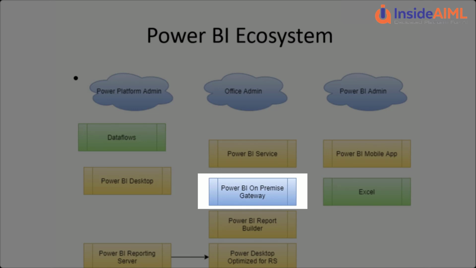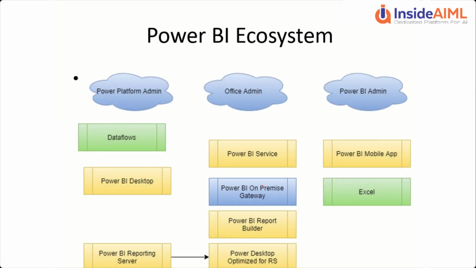There are quite a few databases which don't need to be on premise in case of Power BI, but for those databases which are there on premises, you need the Power BI on-premise gateway. So we have Power BI desktop, we talked about Power BI service, Power BI mobile apps, and now the Power BI gateway.